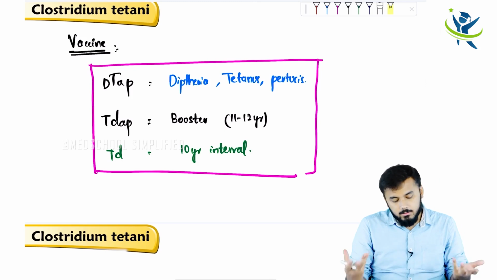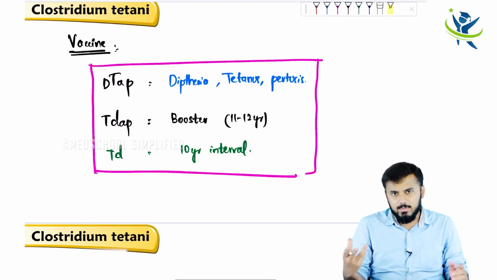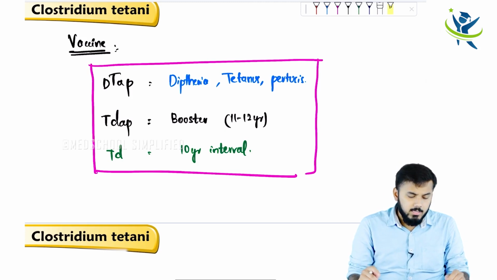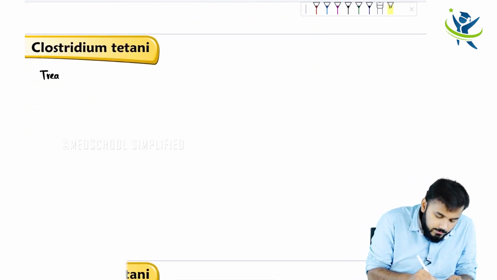So let us say the baby or the adult has been affected by this disease. What is the treatment plan which you give?